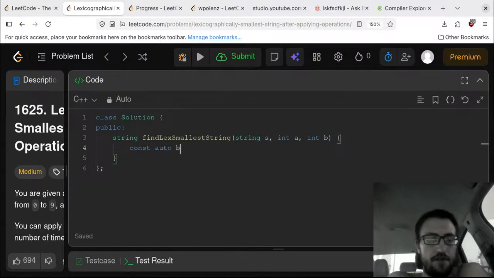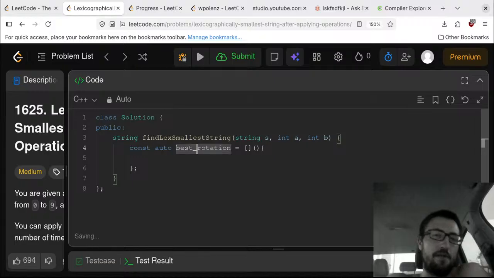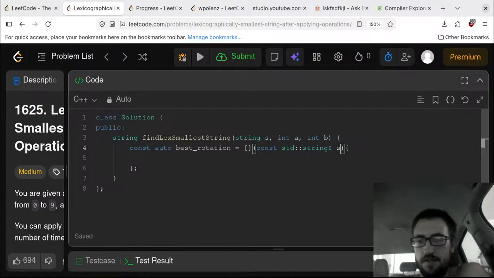Const auto best rotation. I'll just say best rotation, and we're going to have a const string s.